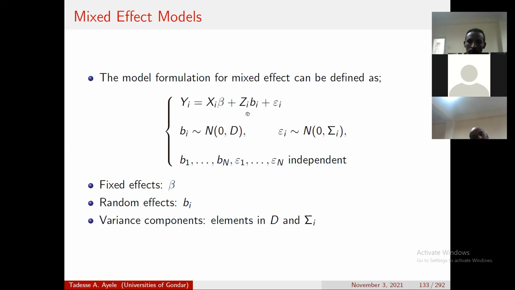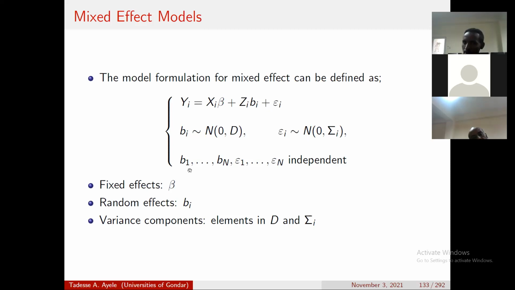Zi is the random effect variable, not coefficient. So ei is the residual. With that, bi is assumed to be normally distributed with mean 0 and variance covariance matrix D, and the residual is assumed to be normally distributed with mean 0 and variance covariance matrix sigma.